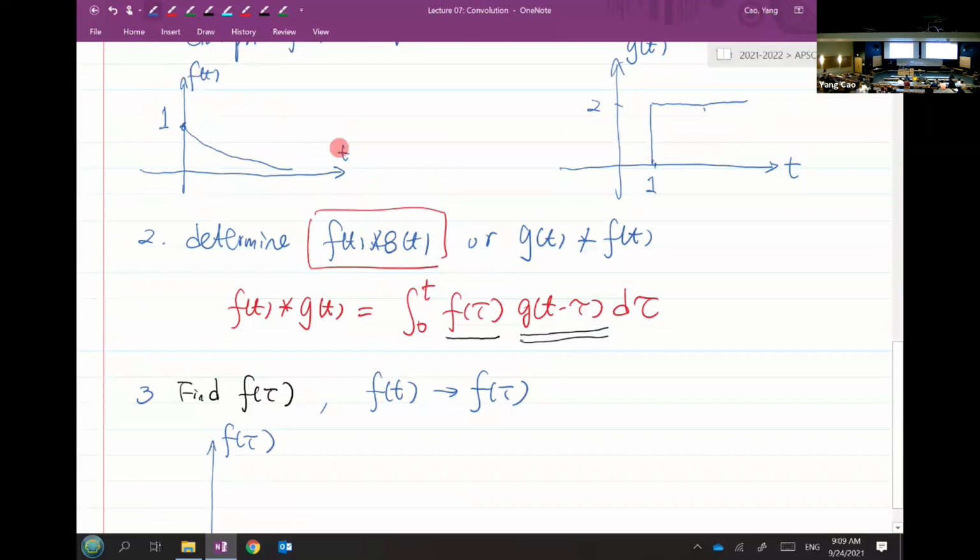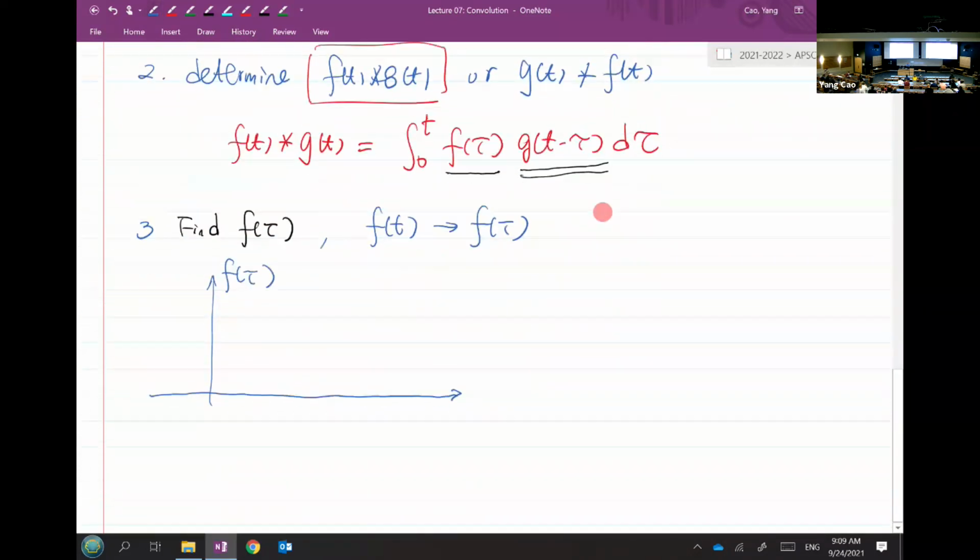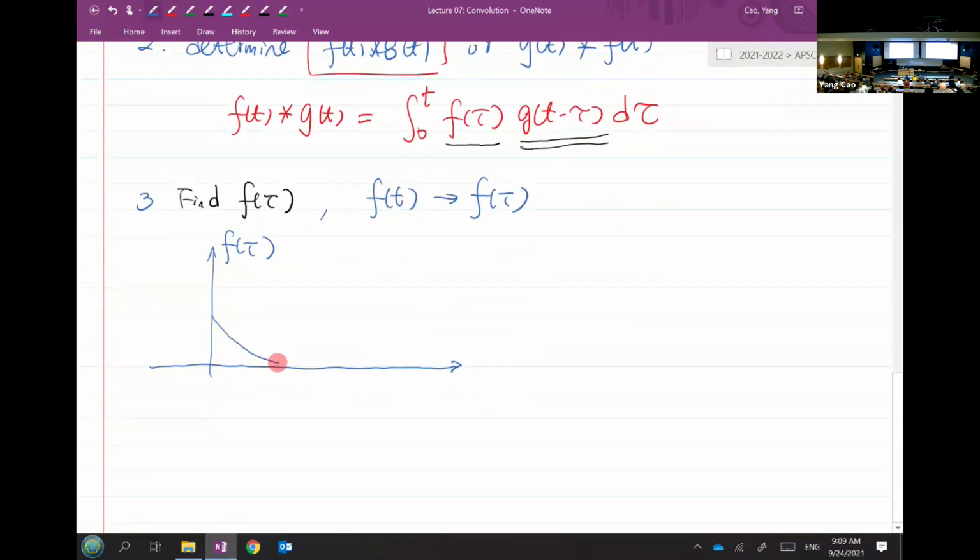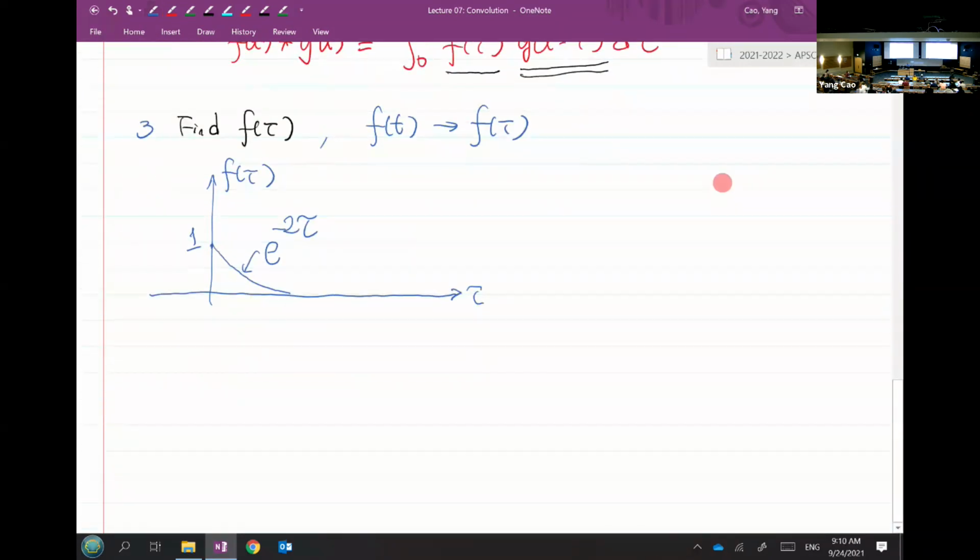All you need to do is change the t to tau, and the graph remains the same. The current curve is represented by e to the power of negative 2 tau. That's all you need to do for this step, and we got this graph right here.